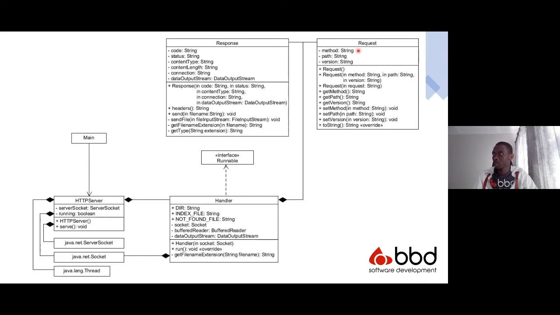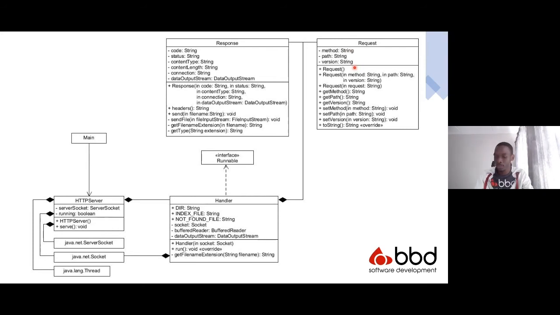The request will contain the method, path, and version. I'll be focusing more on the method and the path because I'm not going to be using the HTTP version much. So we'll receive a request, for example, get / and then the HTTP version number. The server will interpret that request and create a request object if that request is valid.